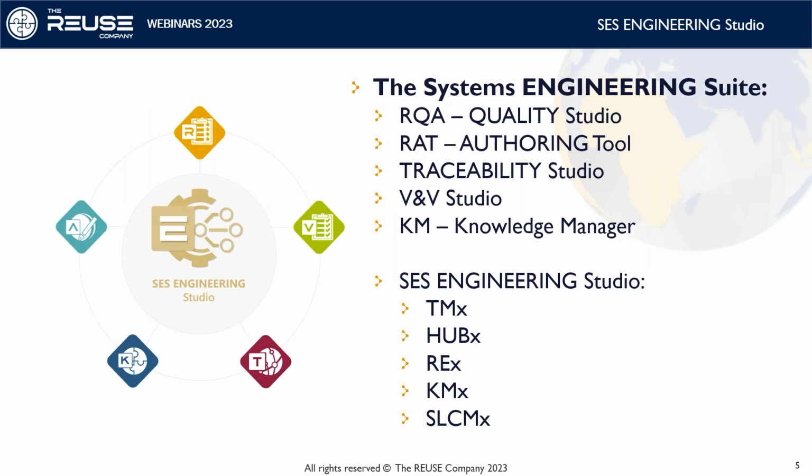For all of you following us for a long time, perhaps you already know our mythical tools like RQA, Quality Studio, the authoring tool, the topic today, Traceability Studio, V&V, or Knowledge Manager. Last year, we launched to the market the SES Engineering Studio, coping with mainly 5 blocks: the digitalization of the technical management processes, like quality, for instance, the interoperability hub, the requirements engineering topic, knowledge management, and system lifecycle management.